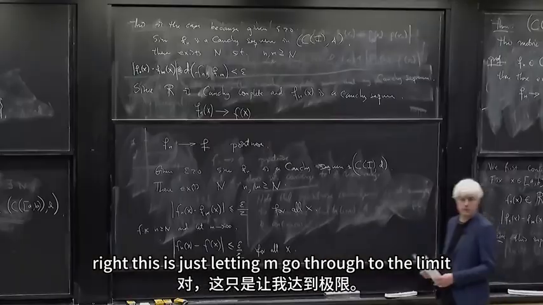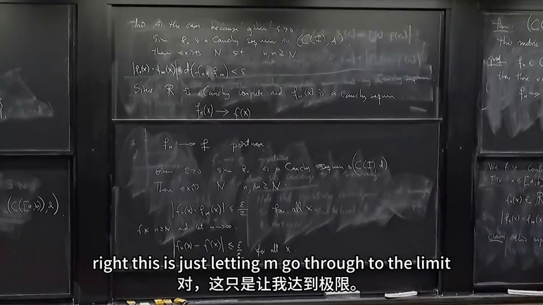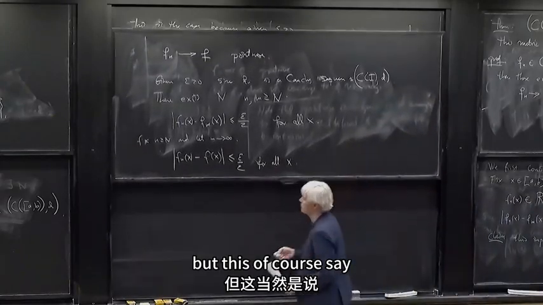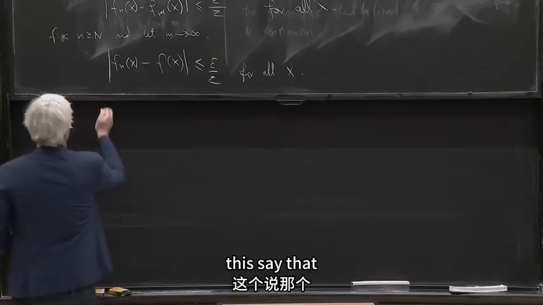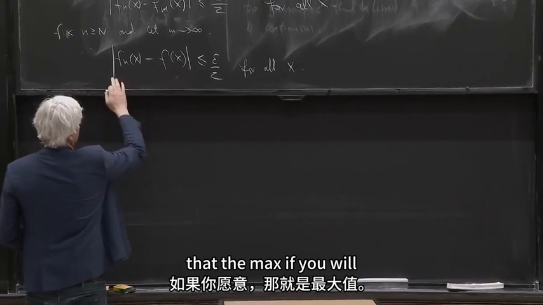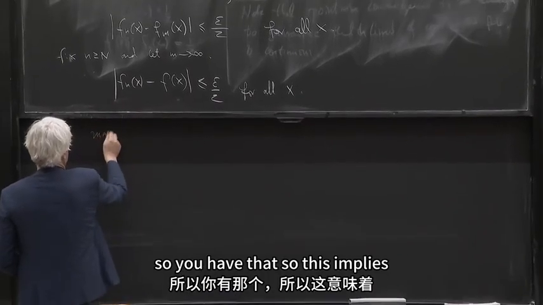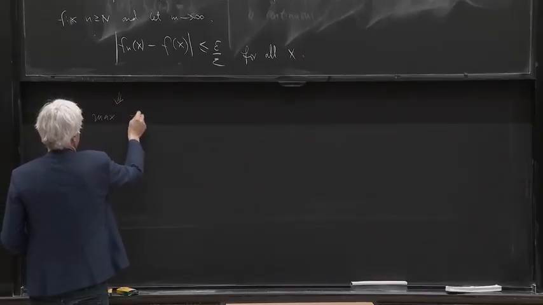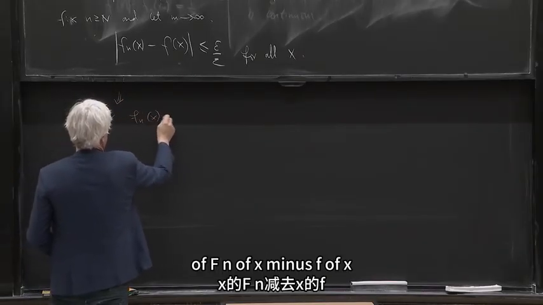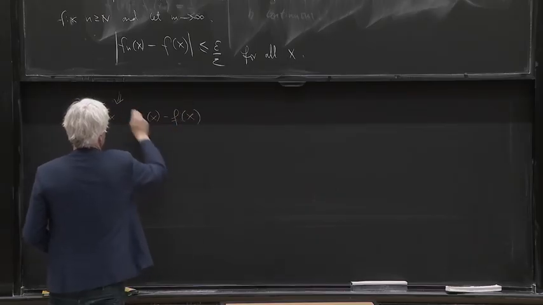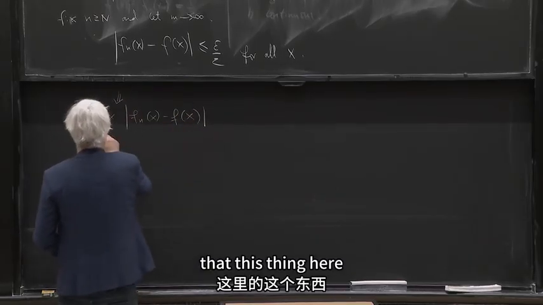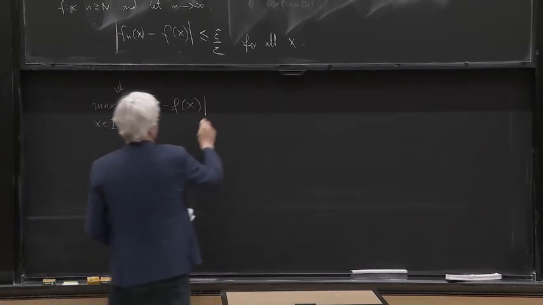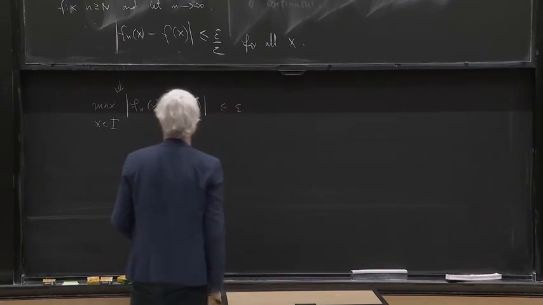Right? This is just letting m go to the limit. But this, of course, says that the max of |Fn(x) − f(x)|, where x is now in this interval, is less than or equal to epsilon.